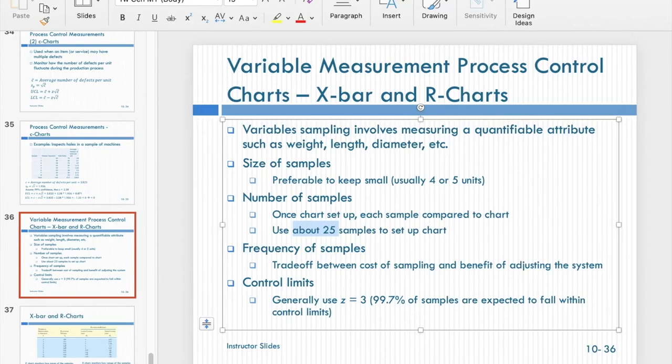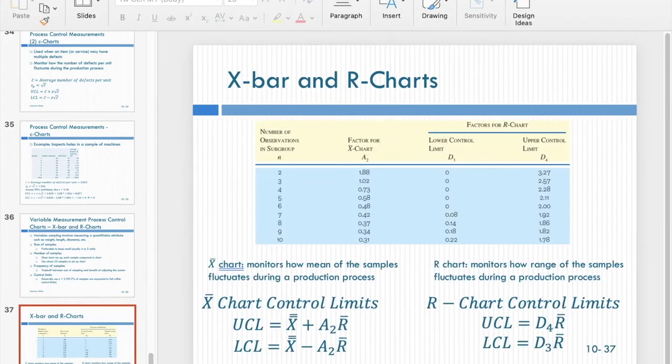Now let's look at the X bar and R chart. Like I said, the X bar chart monitors how the mean of the samples fluctuates during the production process. The R chart monitors how the range of the samples fluctuates during the production process.